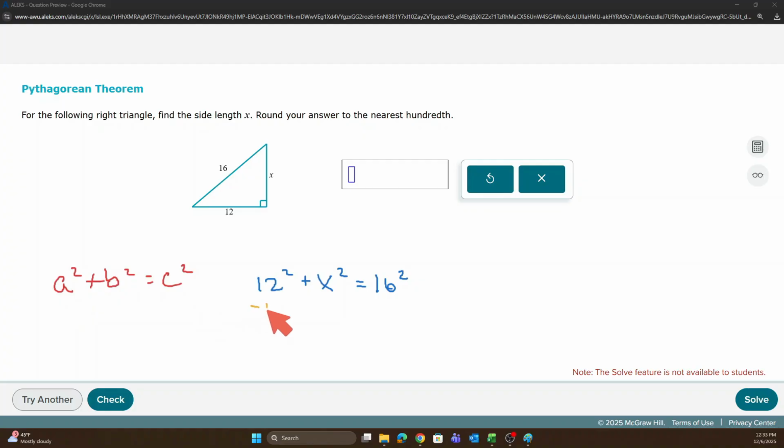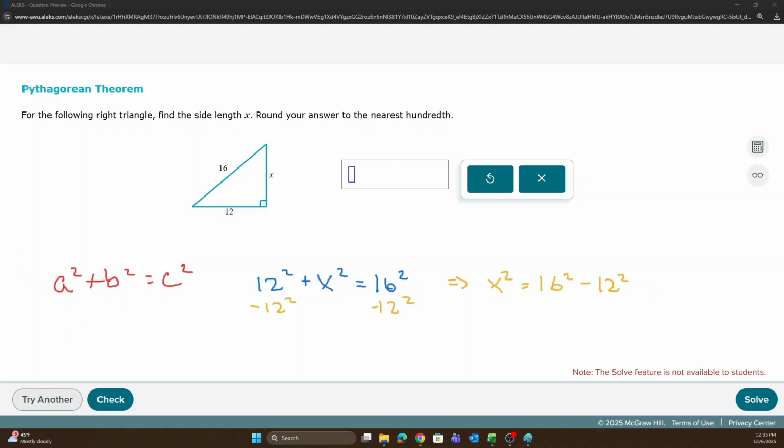Subtracting 12 squared from both sides, this gives us x squared equals 16 squared minus 12 squared.